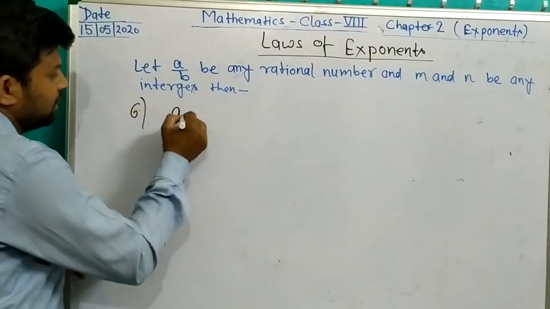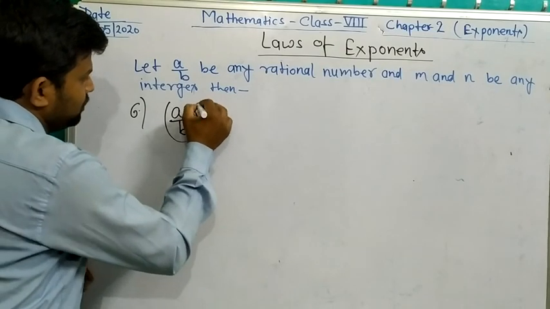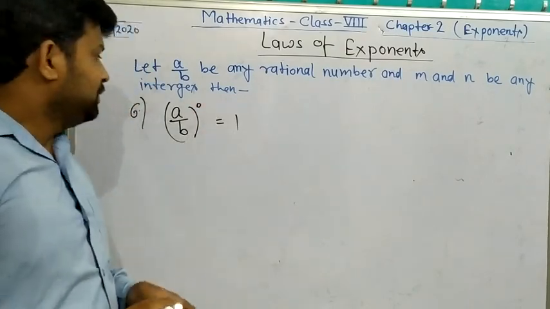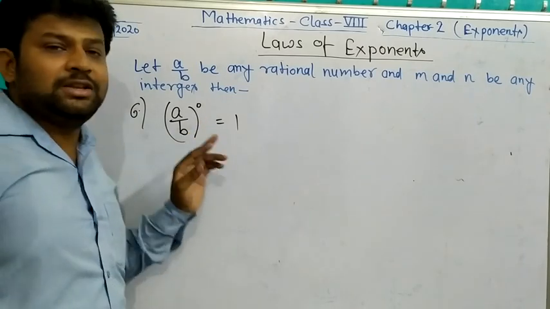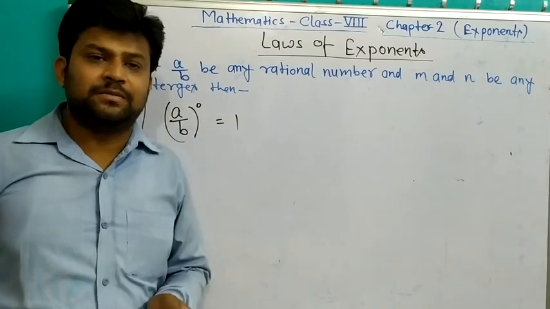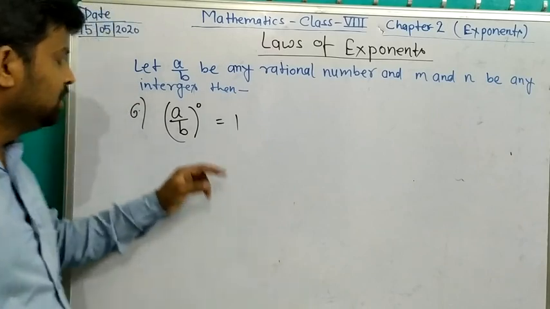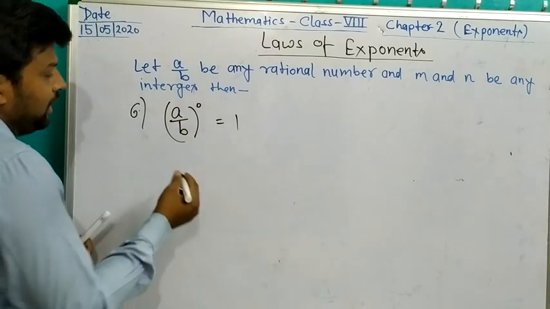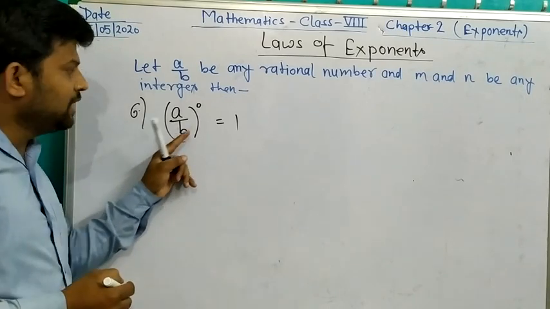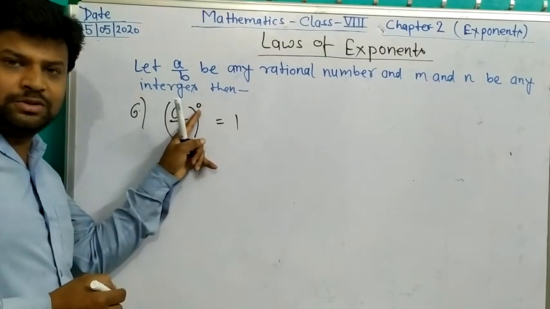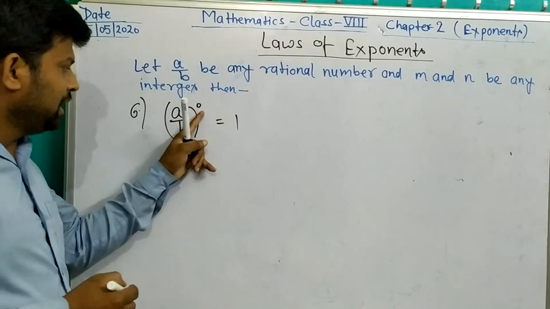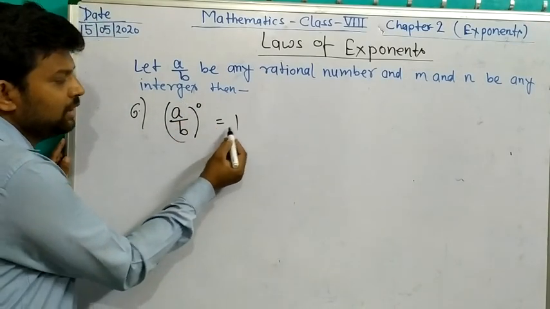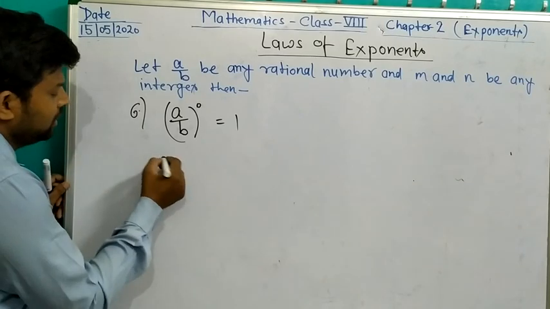Sixth property, (a/b) whole to the power 0 equals 1. You know very well that if the power is 0 for any number, then the value is 1. a/b is a rational number, m means 0, 0 is also an integer, and when we write (a/b) whole to the power 0, it is equal to 1.